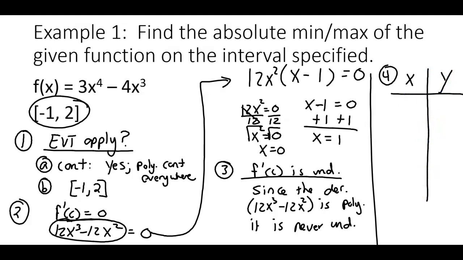As you're doing this, it's possible that, let's say I'm talking about a function that looks like this, but they only want me to look on this interval here. So in here only.